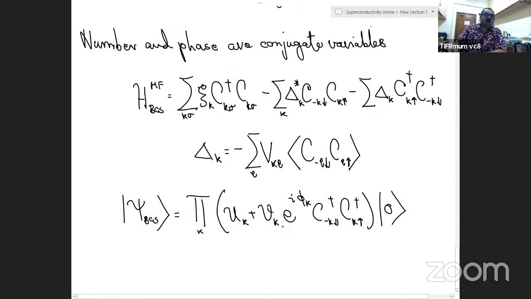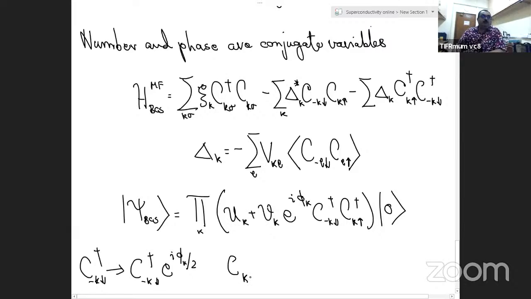Okay, so now this phase factor e to the power i phi k, you incorporate it in the c_k's. So in other words, you assume that your c_k's are replaced by these objects which have the phase, because the phase is actually the phase of the electrons.